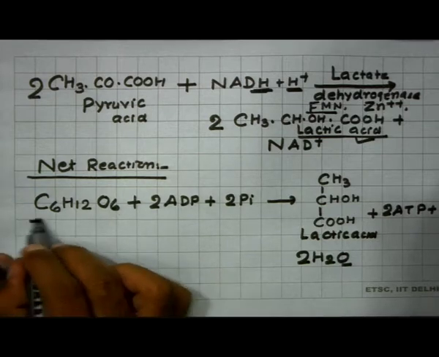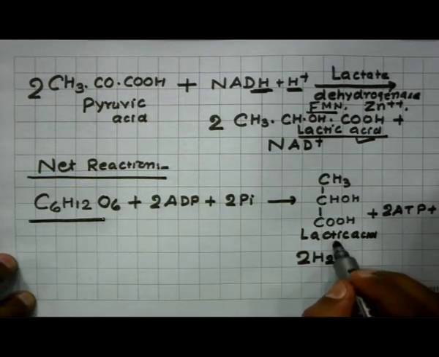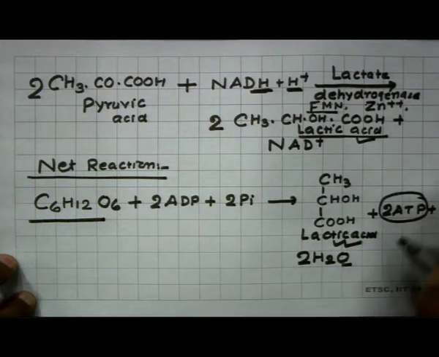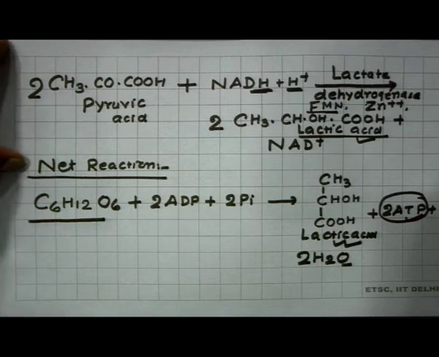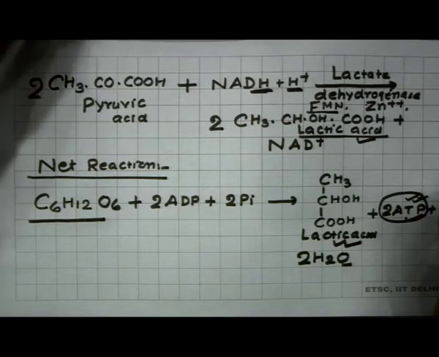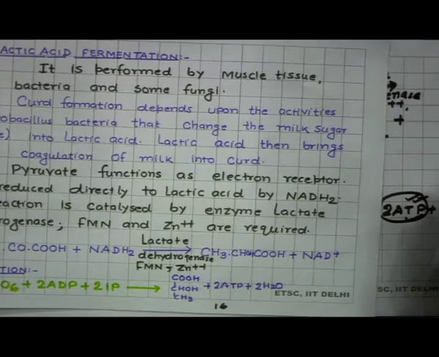So, the glucose molecule gives 2 molecules of lactic acid and 2 ATP, which I asked in my previous question: how much ATP is formed in anaerobic respiration. 2 ATP is formed in this process.